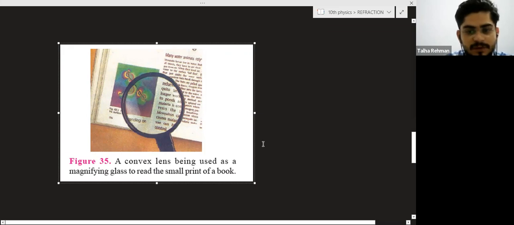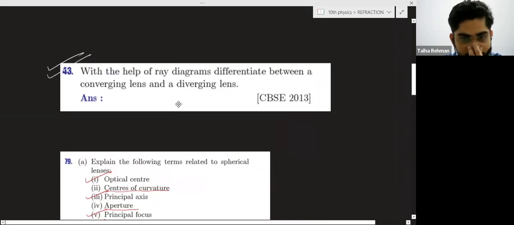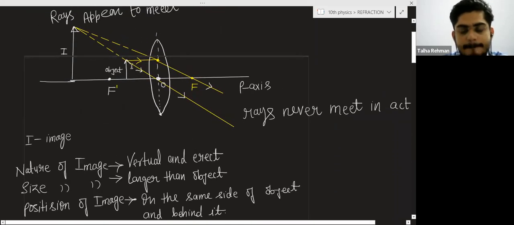If you want a large image, so that you can read or analyze that image more clearly, you will use a convex lens, and you will put the convex lens closer to that book. Closer to that book means you have to make a situation like this.